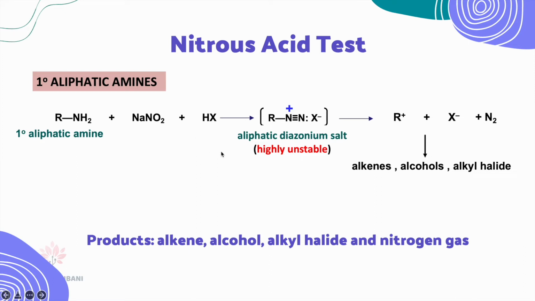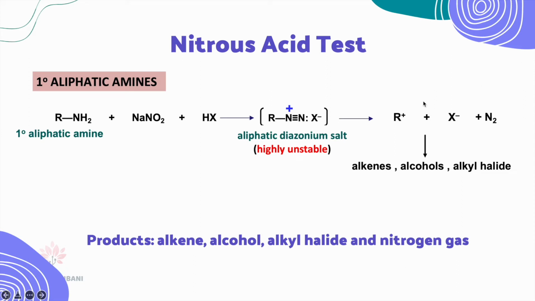It will produce aliphatic diazonium salt, N triple bond N. This is highly unstable. Because it is highly unstable, the N2 will be released. So this is not the final product. Aliphatic diazonium salt is not the final product.